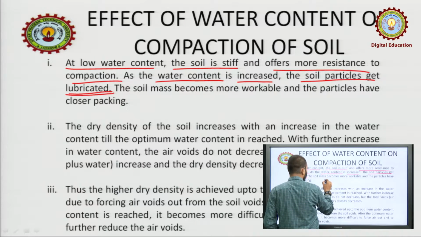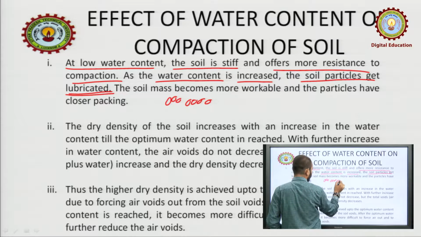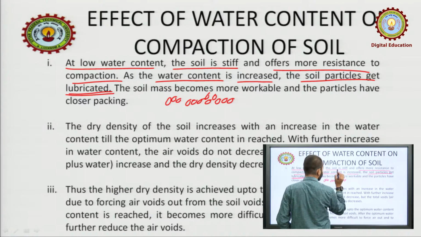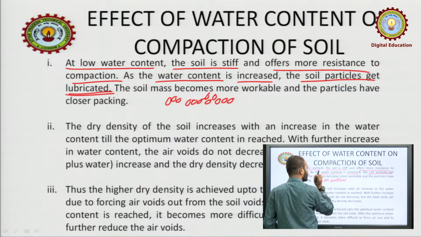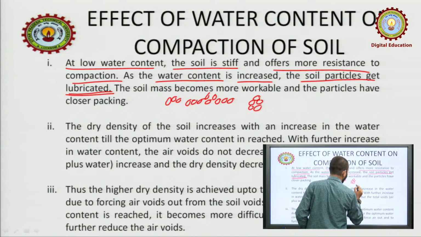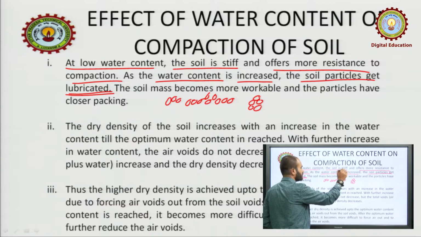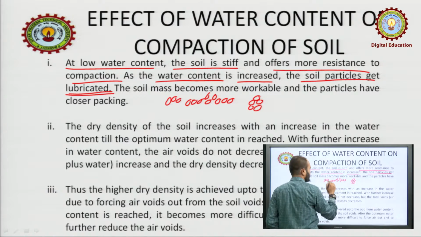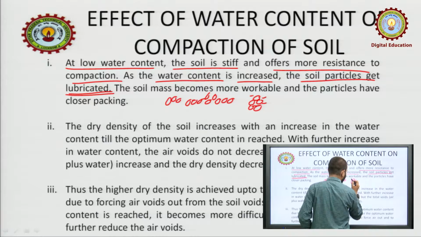Okay, what does this mean? First of all, the soil particles are without any water or any lubrication. Only the soil particles are there. Due to this, there is a high resistance. If there is a flock, they will resist more to the compaction process. Now once you start increasing the water content, they will be filled with water everywhere.